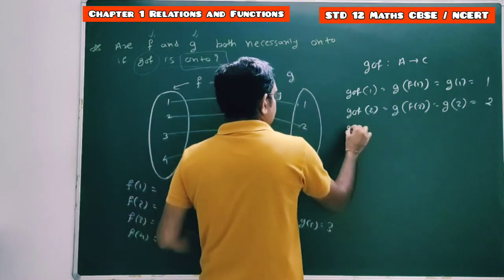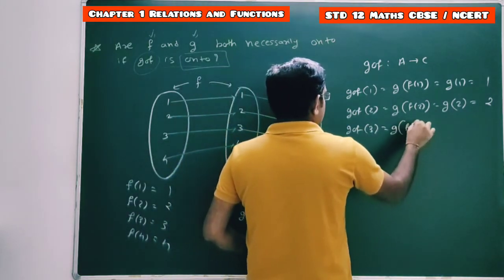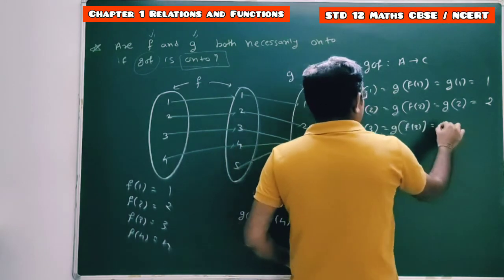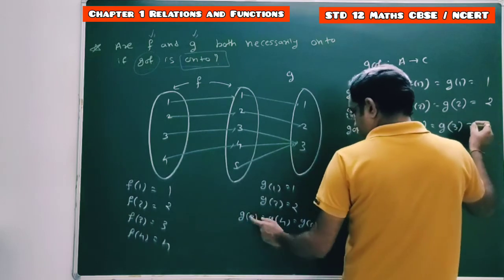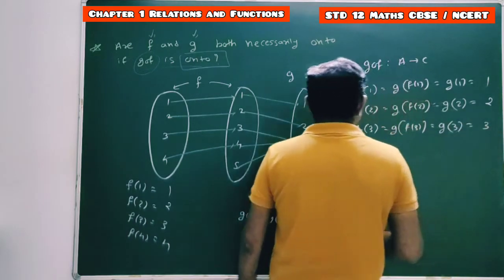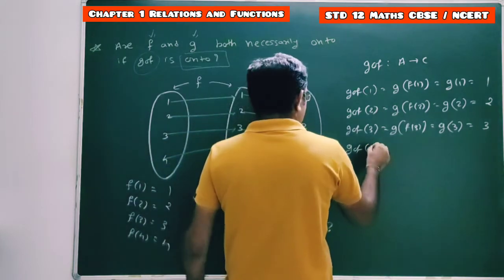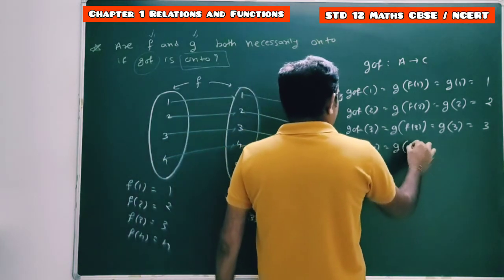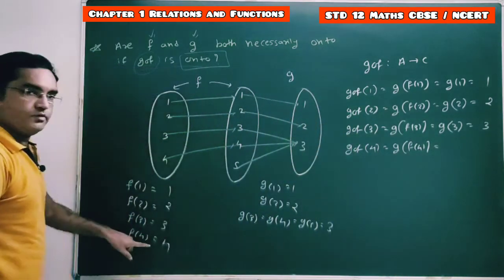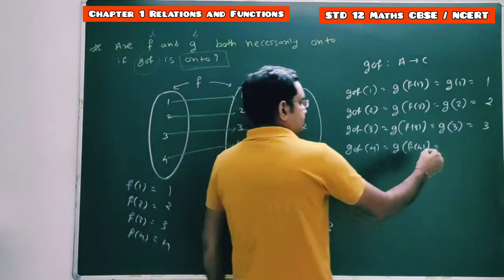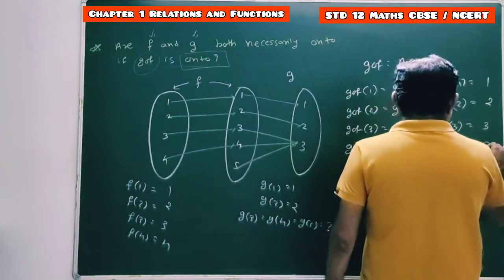Third element, gof 3, that is g of f of 3, which is g of 3, and g of 3 is 3. Now the fourth element, gof 4, that is equal to g of f of 4. f of 4 is 4, so it's g of 4 and g of 4 is 3.